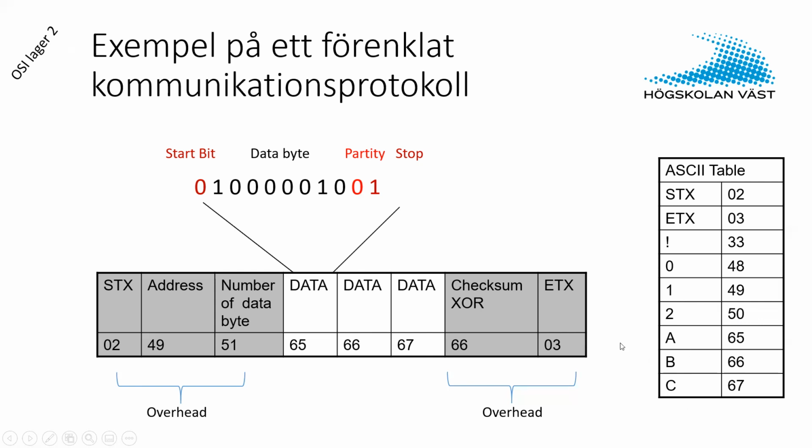So if you want to transmit text, 1 character is typically 1 byte, if it's not a modern coding like UTF, where you can have strange letters as well. So this is an example of a communication protocol.